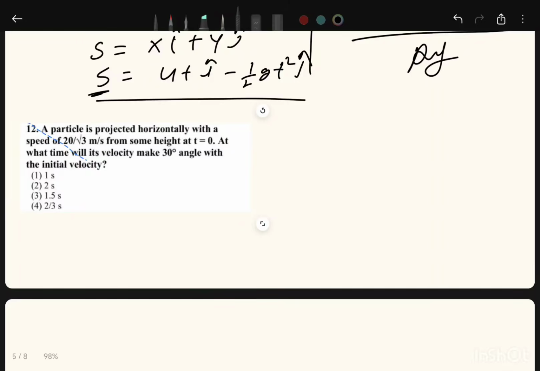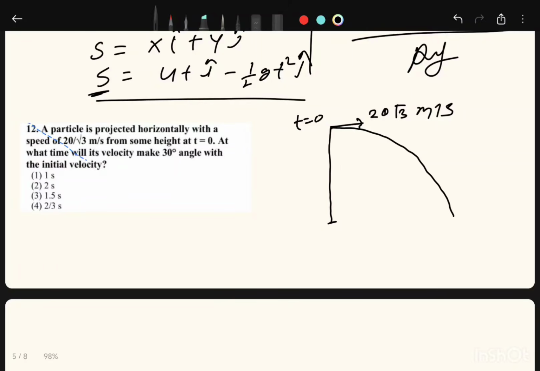Okay. So let's suppose we have some height, and at t equal to 0, your particle is projected horizontally with some speed, that is 20 root 3 meter per second, right? Due to gravity, its path will be like this. After some time, let's suppose our velocity at this particular point is in this direction.